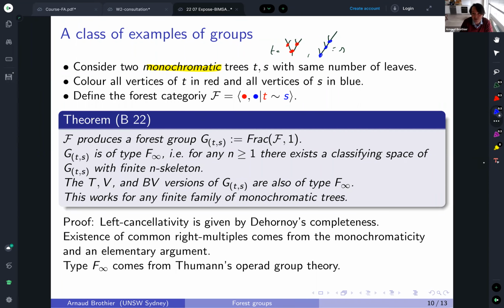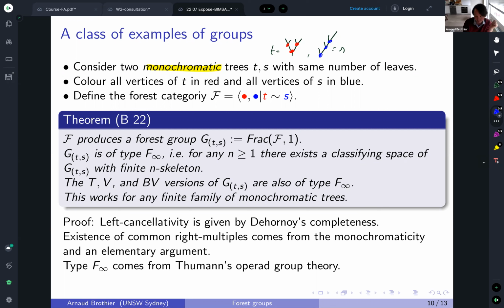It is consistent in the sense I gave you. It means it's left cancellative. This I have for free, thanks to Patrick Dehornoy. And moreover, it satisfies that there are common right multiples. This is easy to prove. Why?